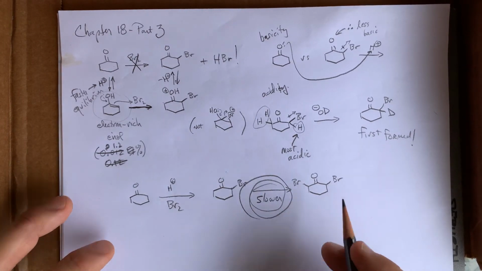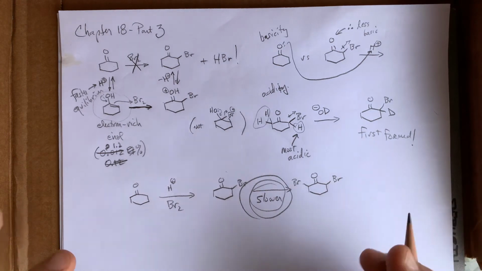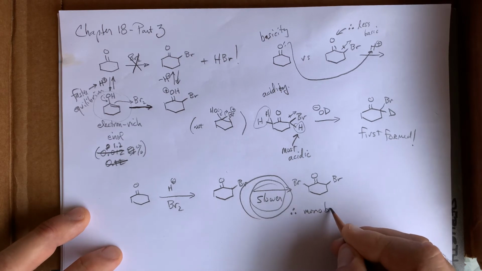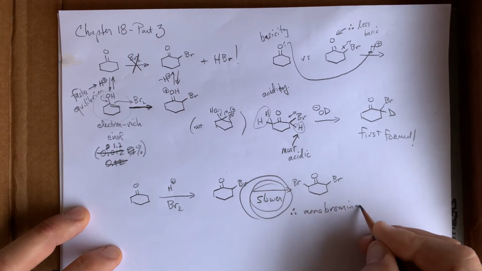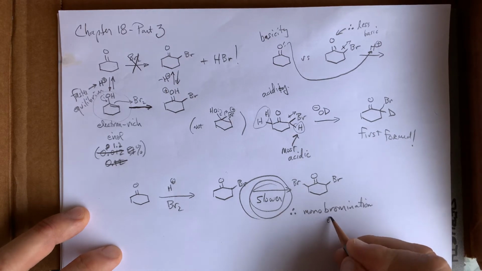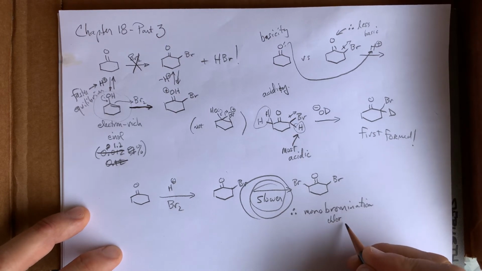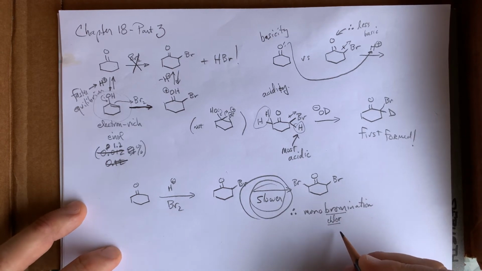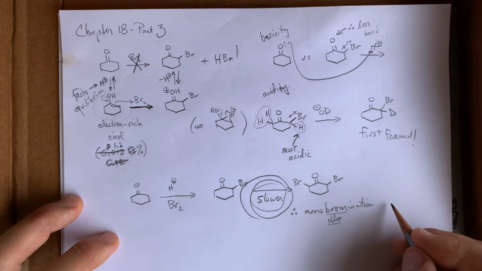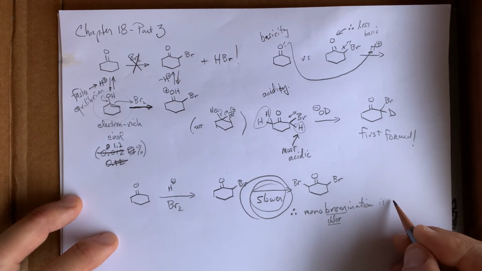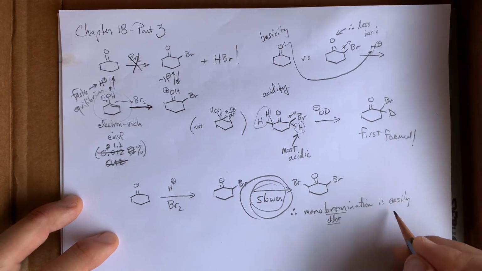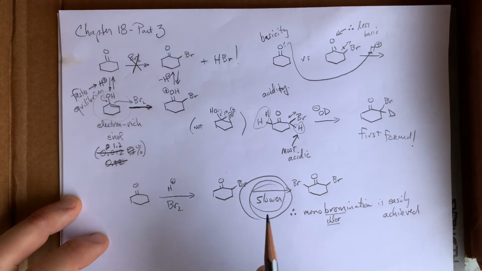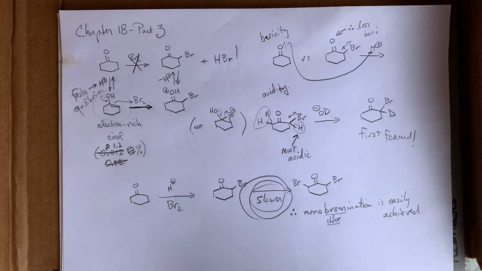But the enolization is slower. Therefore, monobromination, chlorination, maybe iodination, is easily achieved if you do the bromination or chlorination under acidic conditions.